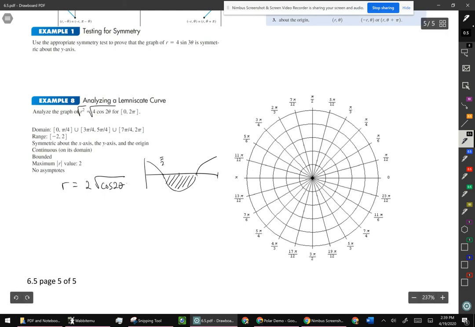So it's pi over 2, pi, 3 pi over 2, 2 pi. That middle section would be negative, which means it's undefined for the square root. So that means the domain is only from 0 to pi over 2. But since it's 2 theta, we'd have to say, well, when is 2 theta equal to pi over 2? In this case, it would be pi over 4, which means from 0 to pi over 4, that's part of the domain.